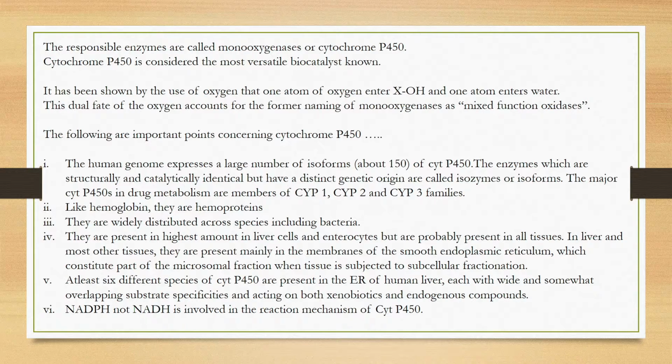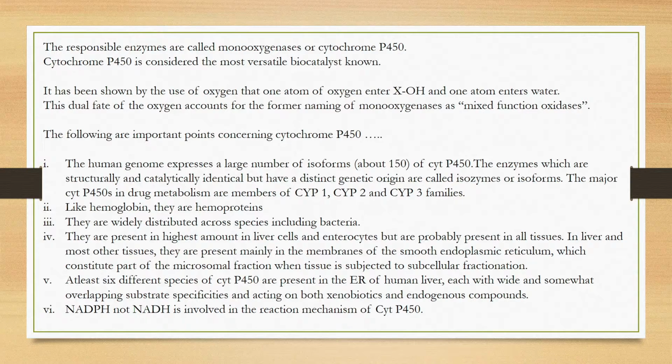The genes for many isoforms of P450 from both humans and animals, such as rat, have been isolated and studied in detail over many years.